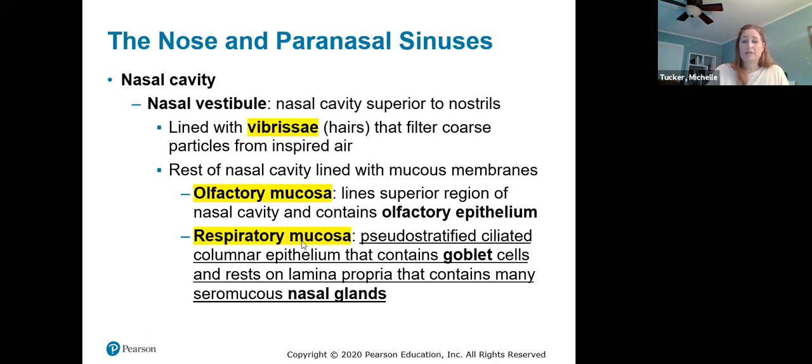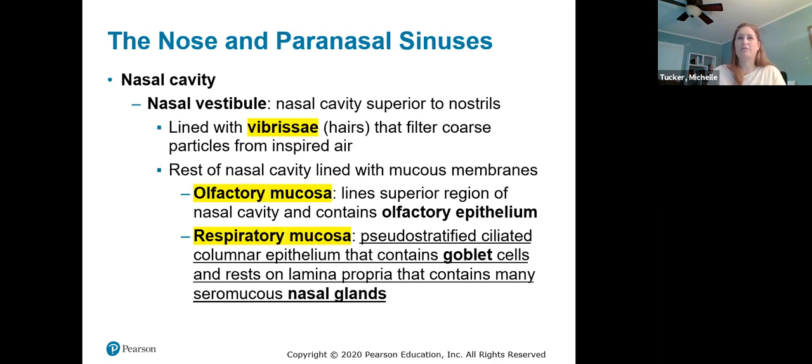The majority is respiratory mucosa, but this small amount of olfactory mucosa is going to dissolve smells into the mucosa, and then the nervelets of the olfactory nerve come in through the cribriform plate, if you remember this, through that ethmoid bone, and they hang down into that nasal cavity and sample what's going on in the olfactory mucosa.